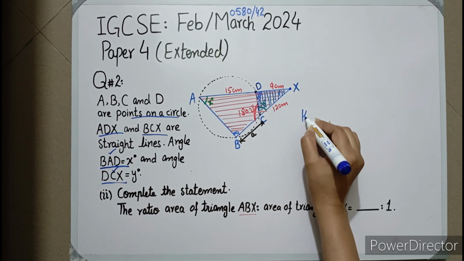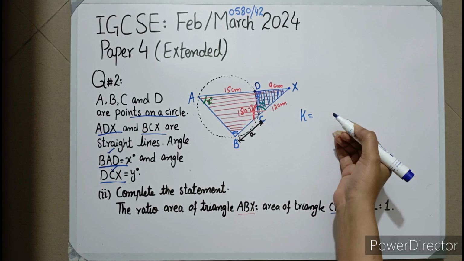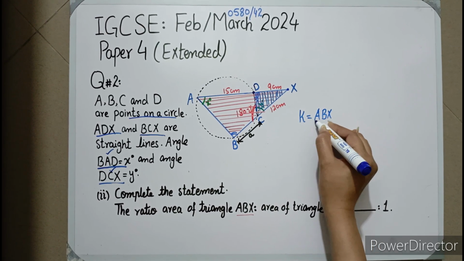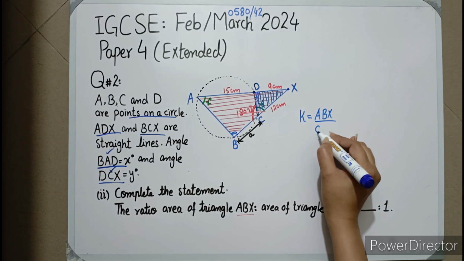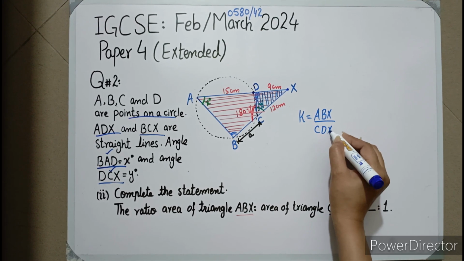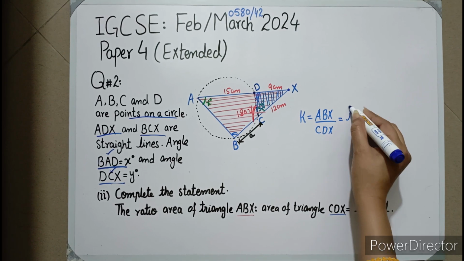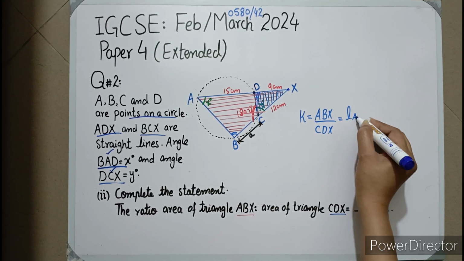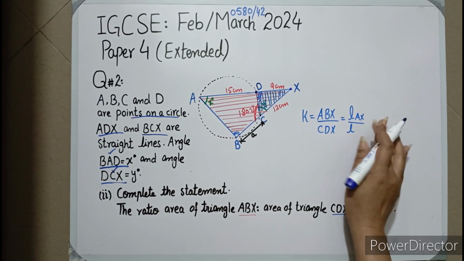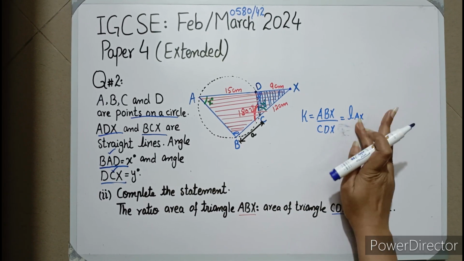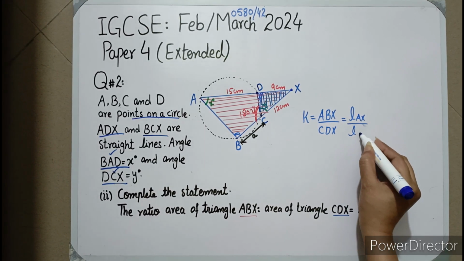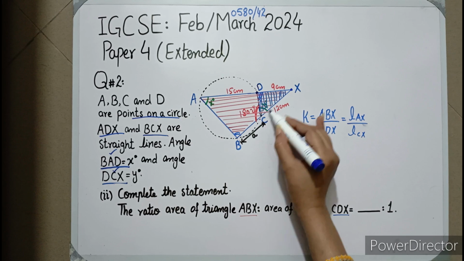So take the ratio of lengths as K, ABX by CDX: the length of AX, this line, by the length of CX, this line.